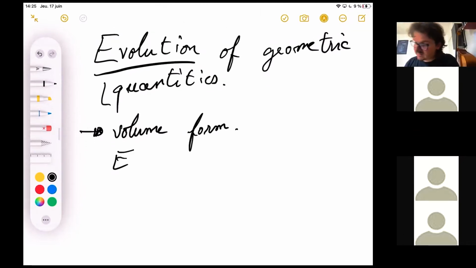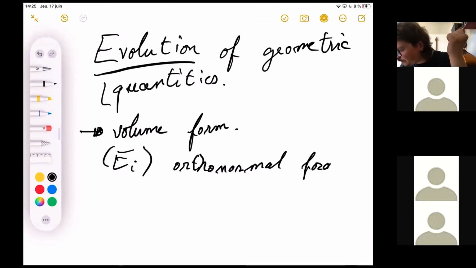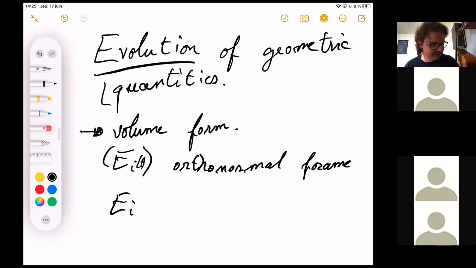And for this, we will consider e_i an orthonormal frame, a choice of orthonormal frame at some point. And actually we will prescribe the evolution of e_i in the following way, and you will see why we are doing that.